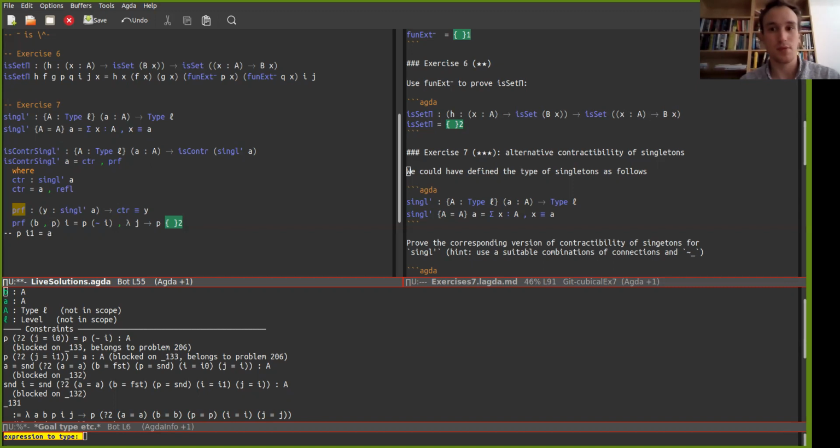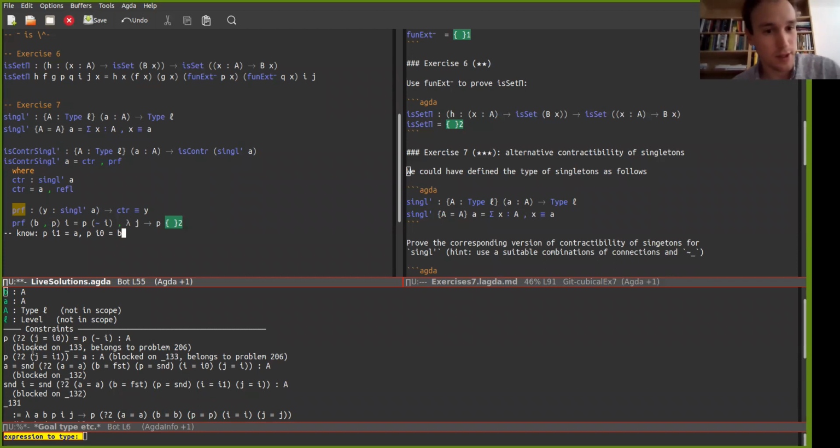So this is what we know. And similarly, P of I0 computes then to B.